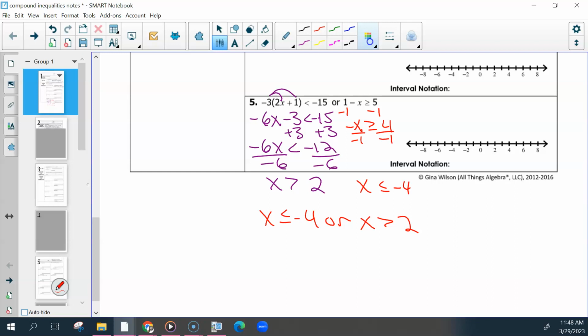And how would we graph this? Closed circle over negative 0. And so to the right. And the other one?